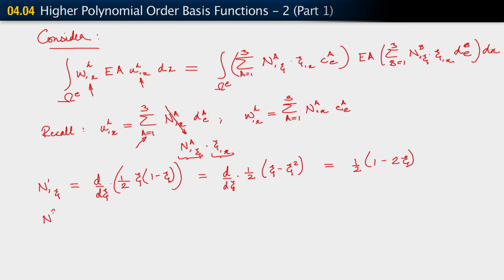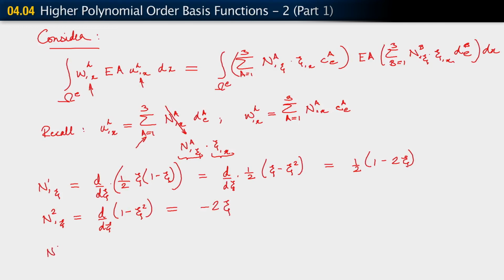N2 comma c is d dx of 1 minus c squared, which is well, this is easy to do. I don't need another step here. This is just minus 2c.